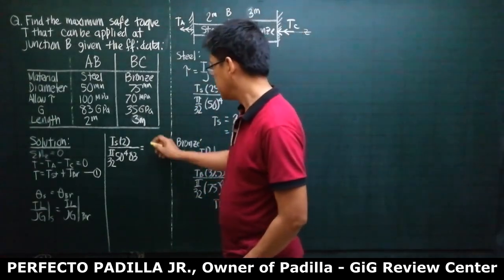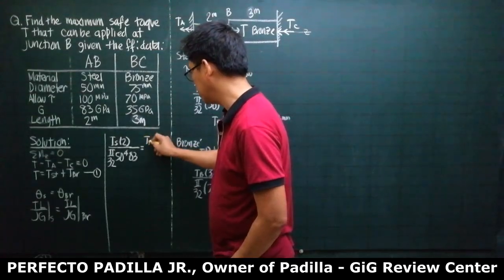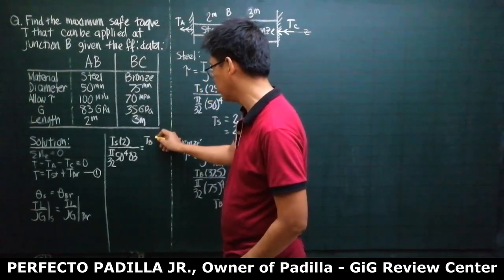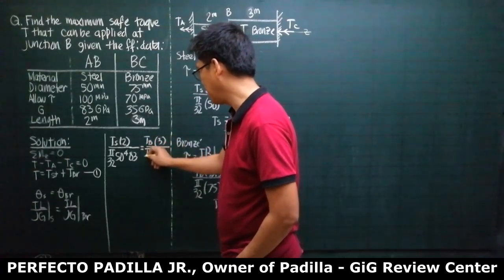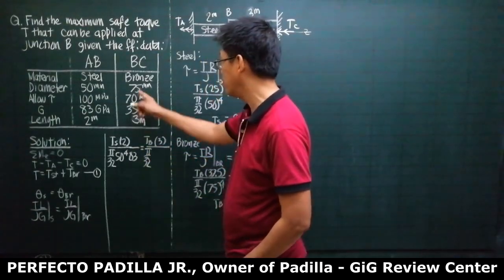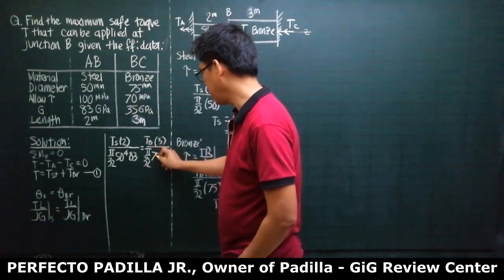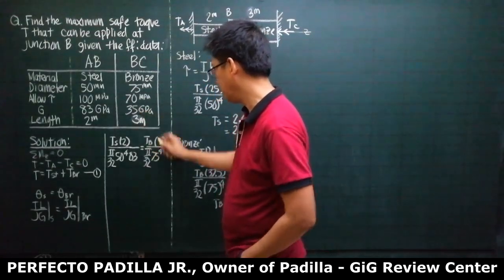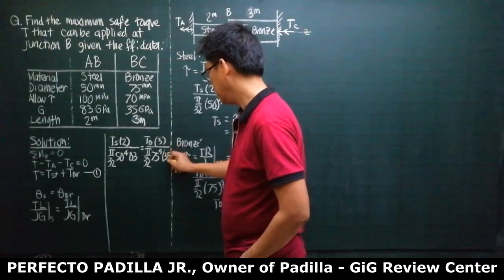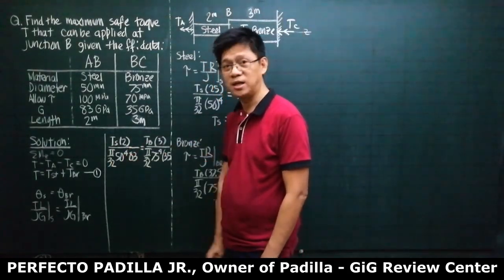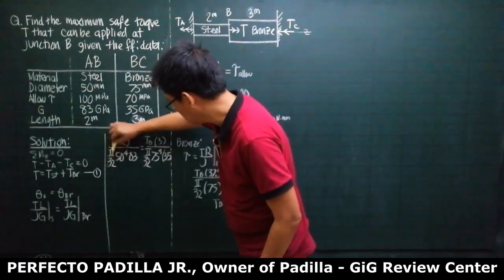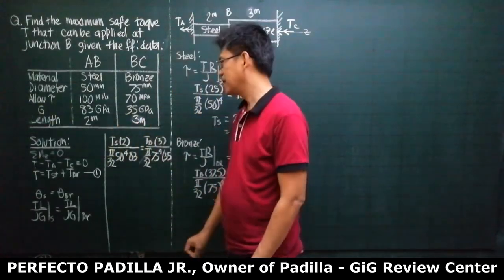This is the torque in bronze times the length of bronze, 3 meters, over J, pi over 32 times d to the fourth, 75 to the fourth, times G, 35. This time, I will have an equation between TS and TB, so pi over 32 may be cancelled out.